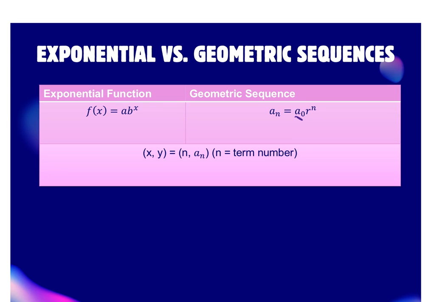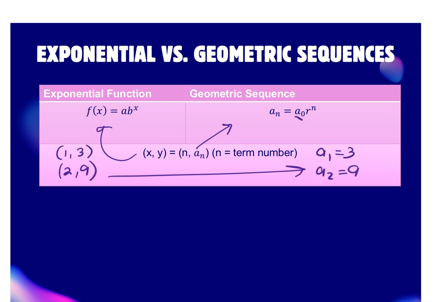In both of these, you can look at coordinate points as either what you're plugging in for x and y on the exponential function, or as n and a sub n for a geometric sequence. So for example, if I said on an exponential function, you had (1, 3) and (2, 9), on a geometric sequence, you would be given a sub 1 equals 3 and a sub 2 equals 9. And these can be used interchangeably.